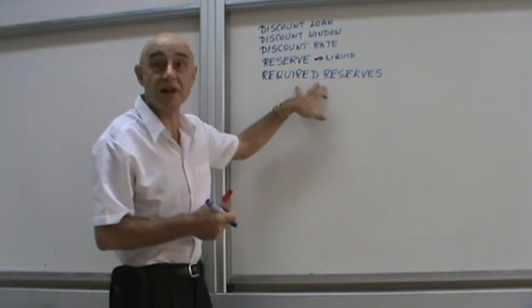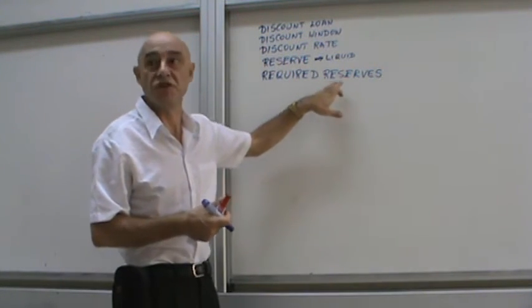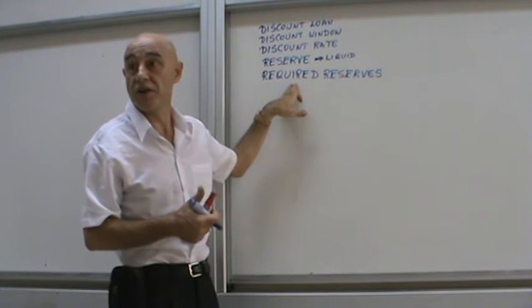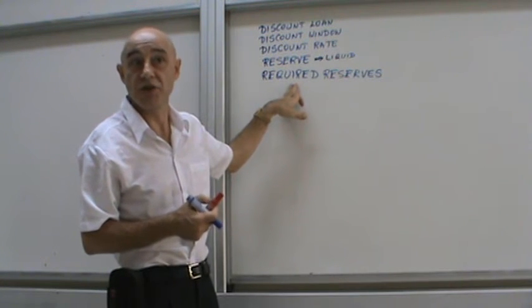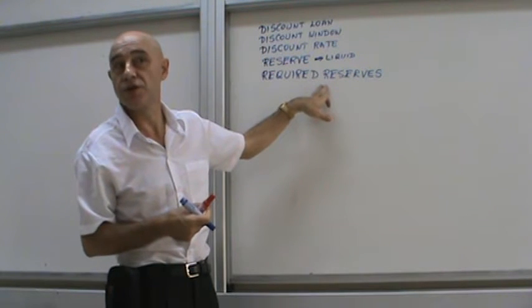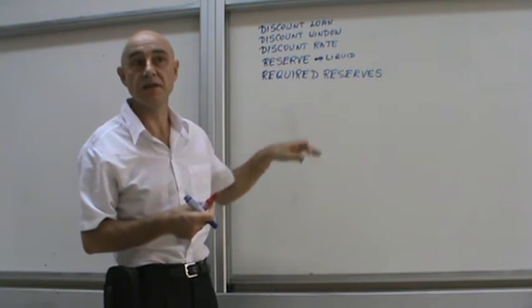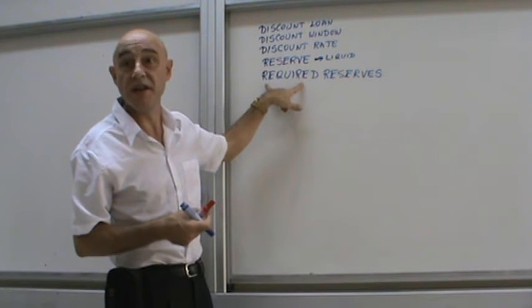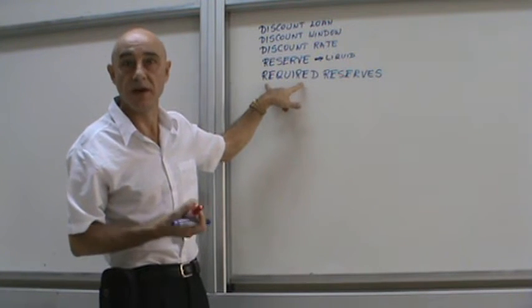But a required reserve is a reserve required by the central bank from commercial banks to meet demand deposits. So required means by law, okay?